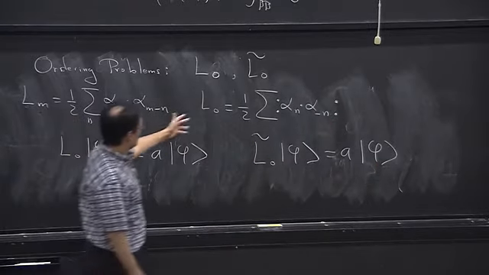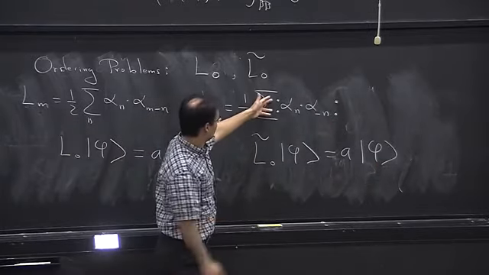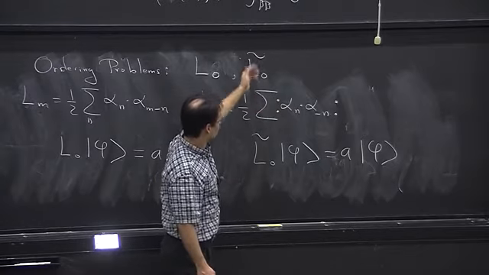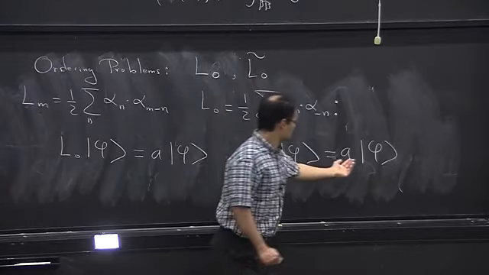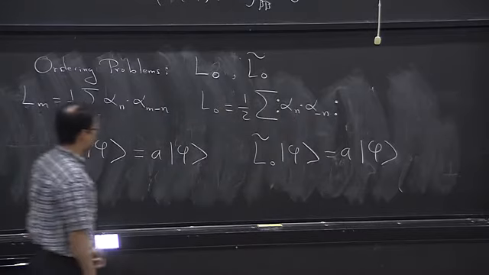Whatever we do to order this one, we should also do it for the L0 tilde, and therefore the discrepancy should always be the same number. Okay?